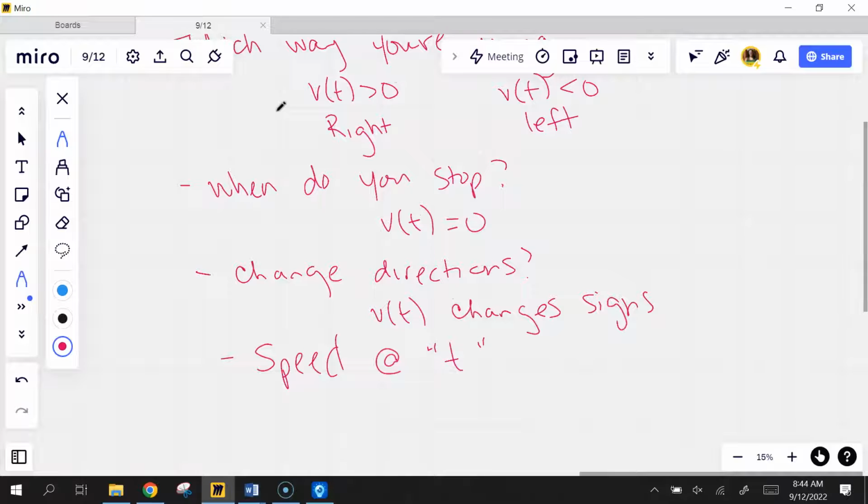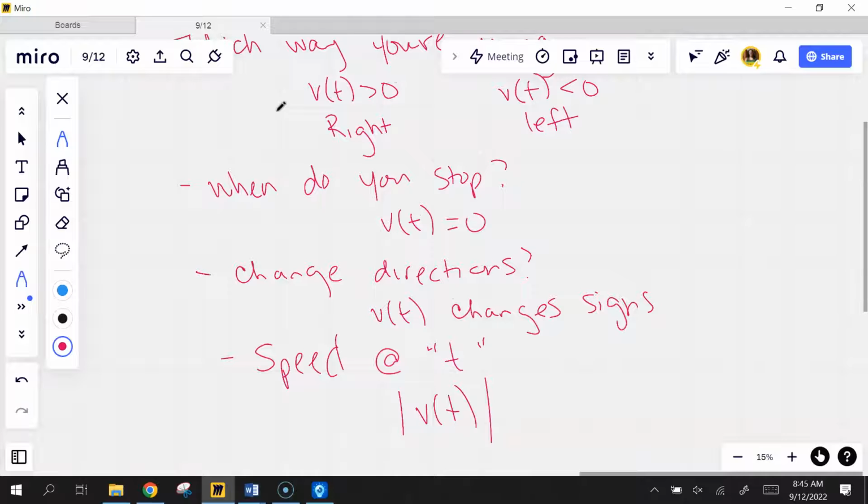Anybody else know? Absolute value of velocity. If you think about it, can velocity be negative? Sure, but speed can never be negative. You can't go negative 45 miles an hour down the road, right? But you could have a negative 45 mile per hour velocity, because I'm going backwards instead of forwards. That sign of velocity tells me which direction I'm moving. Does that make sense?